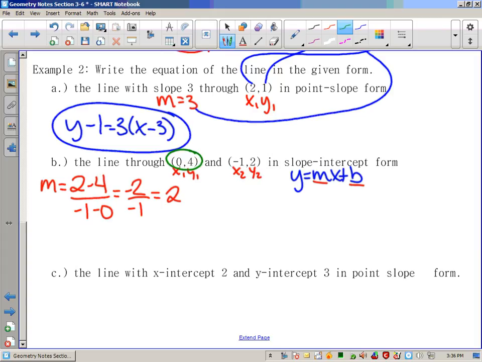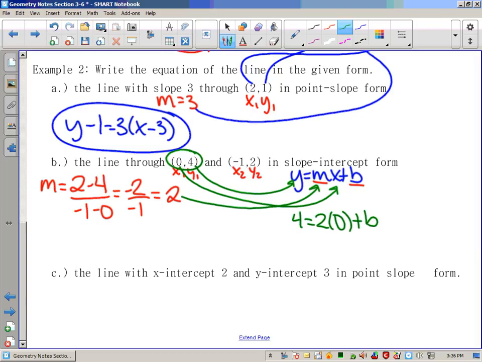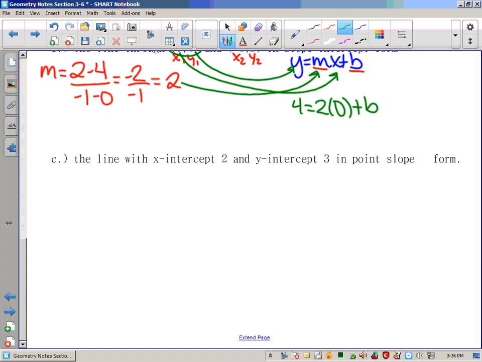If I put 0 in for x, 4 in for y, and 2 in for m, the only variable I'm missing is b. And I need that in order to write my equation. So this would be 4 equals 2 times 0 plus b. Well, what's 2 times 0? 2 times 0 is 0. So the y-intercept, b, equals 4.